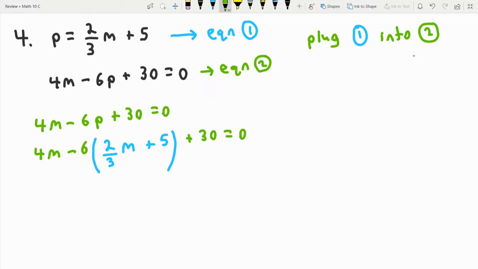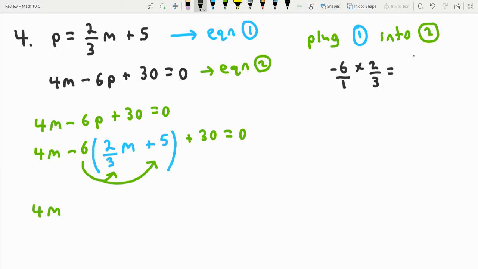So what I'm going to do first is multiply negative 6 into my brackets. If I do that, I have negative 6 times 2 over 3m and negative 6 times 5. Okay, so let's see what that simplifies to. Negative 6 times 2 over 3. Now remember, as an aside, negative 6 can be written as negative 6 over 1, so you multiply the numerators by the numerators and the denominators by the denominators.